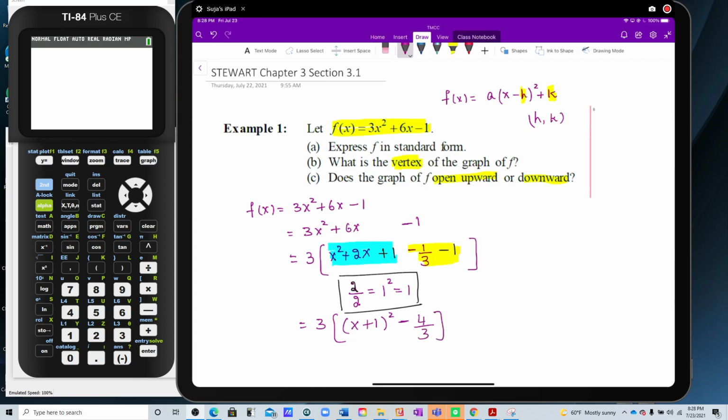Now distribute the 3 in, so I'll have 3(x plus 1) the whole squared minus 4/3 times 3, which would be 4. So this is my function in standard form, and this is the answer for question A.